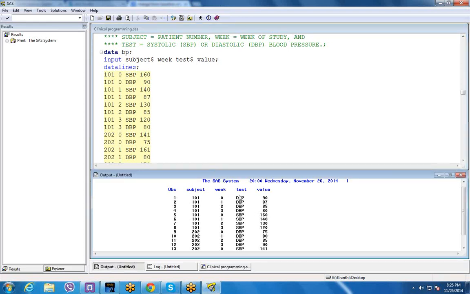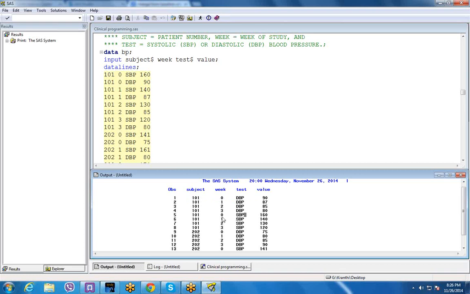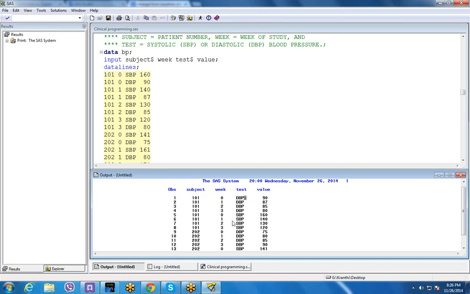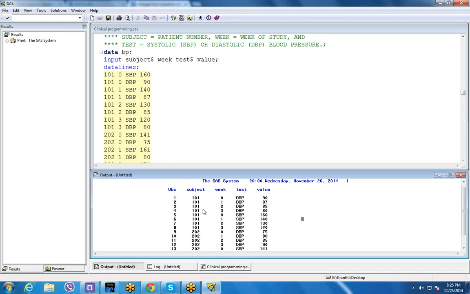Now all the diastolic blood pressure is in one group and systolic blood pressure in one group for this patient 101. Now you can do it simply here. What's the initial? Week 0 means initial 160. First week 140. 140 minus 160 is 20. 130 minus 160 is 30. 120 minus 160, it's 40. You can calculate like this.